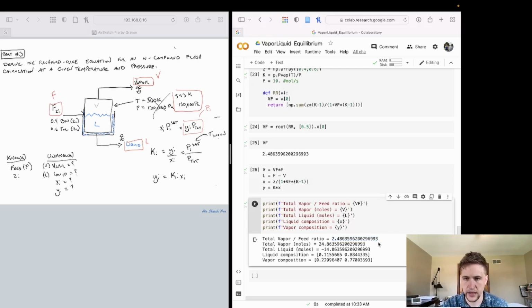And that is confirmed by seeing here the total that's leaving in the liquid phase in moles is negative, but we're not actually having a negative quantity of something. It just means that nothing is leaving in the liquid phase.